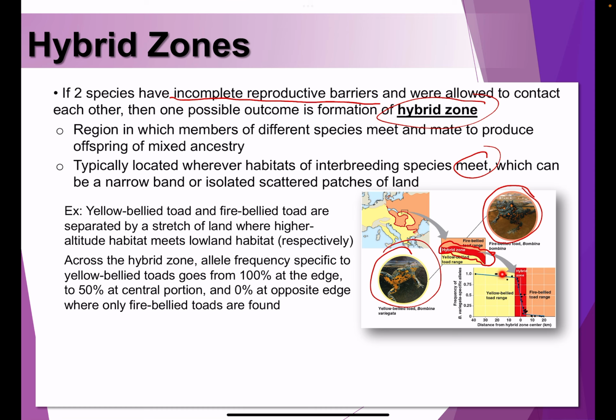So you see that the allele frequency gradually decreases for the yellow-bellied toad from 100% down to 50 down to 0. But that means the alleles are present within this hybrid zone where they can interbreed and produce hybrids in this area. That's why there's this gradual loss of alleles for the yellow-bellied trait.